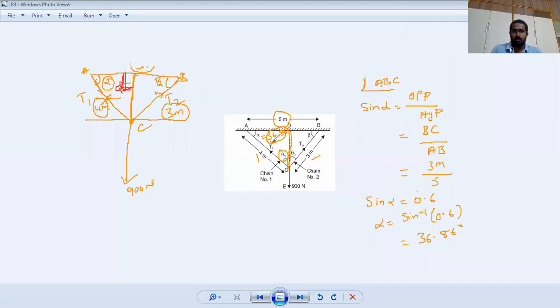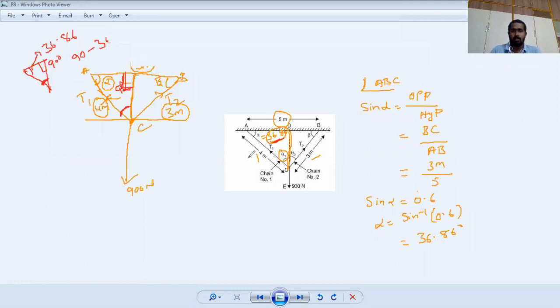Here alpha is 36.86. So by subtracting 90 minus 36.86, you get this angle 53.14.